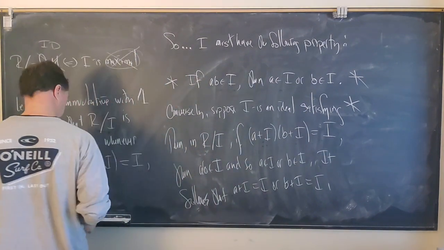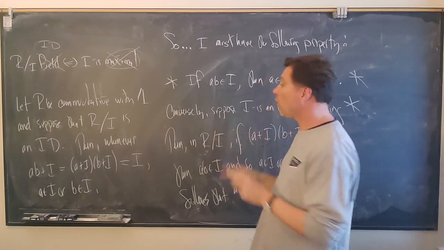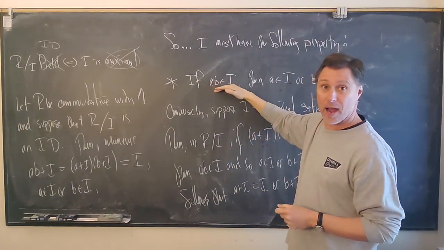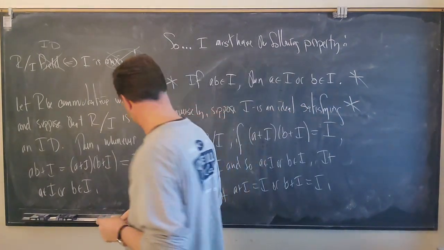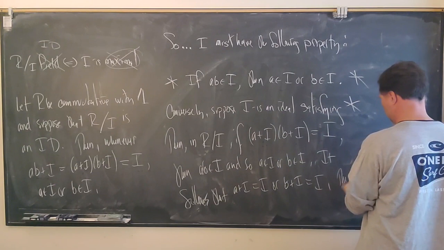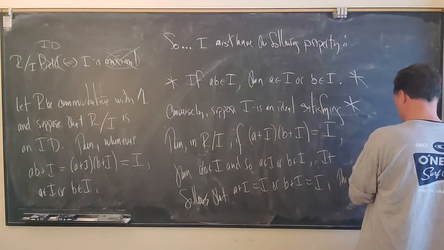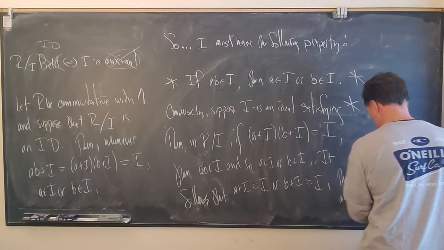We just proved something, right? The quotient is an integral domain if and only if the denominator, I, satisfies property star.